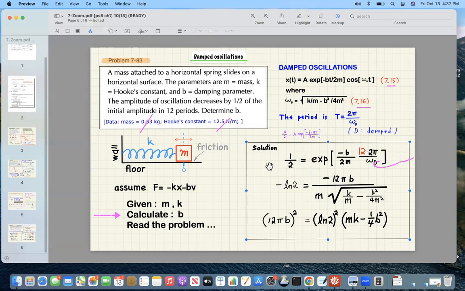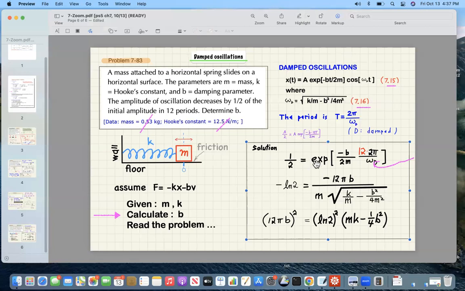One thing to do is to get rid of the exponential function by taking the natural log of both sides of the equation. The natural log, which you have a button for on your calculator, is the inverse of the exponential function. So the natural log of 1/2, which is the same as negative the log of 2, is the natural log of the exponential of this quantity. Well, the natural log of the exponential of x is x, because natural log is the inverse of exponential.